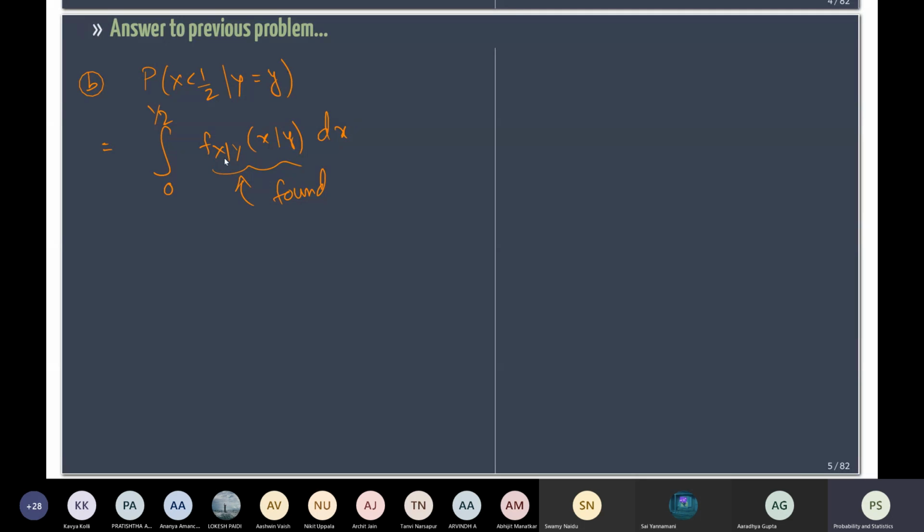This output is a function of y, because we are only integrating with respect to x, so y will remain like a constant. Overall it is a function of y that you will see after integrating.